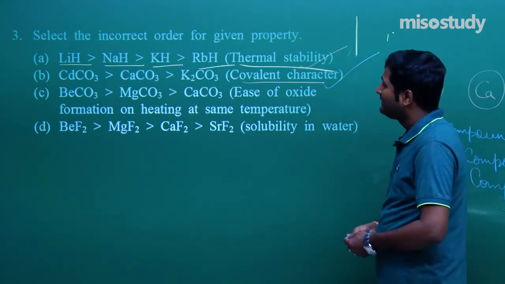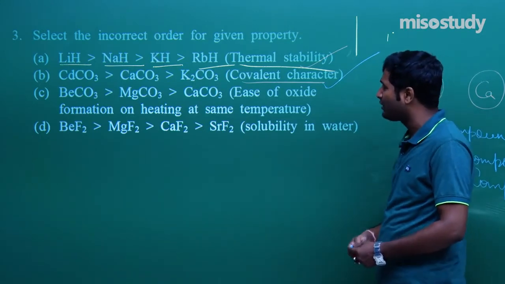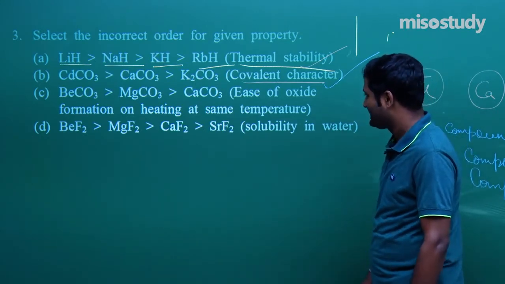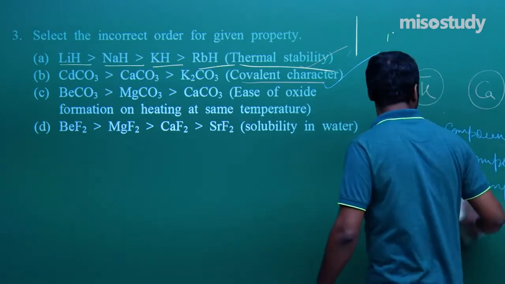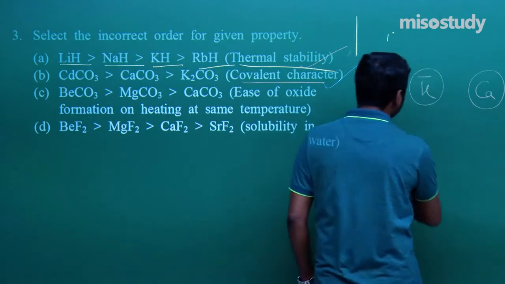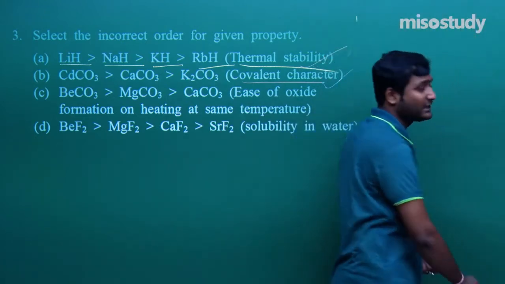Now look at BeCO3, MgCO3, oxide formation on heating at the same temperature. Oxide formation, that is the decomposition. Indirectly this is telling the decomposition. As we know, friend, what will happen in this case? Check it out.